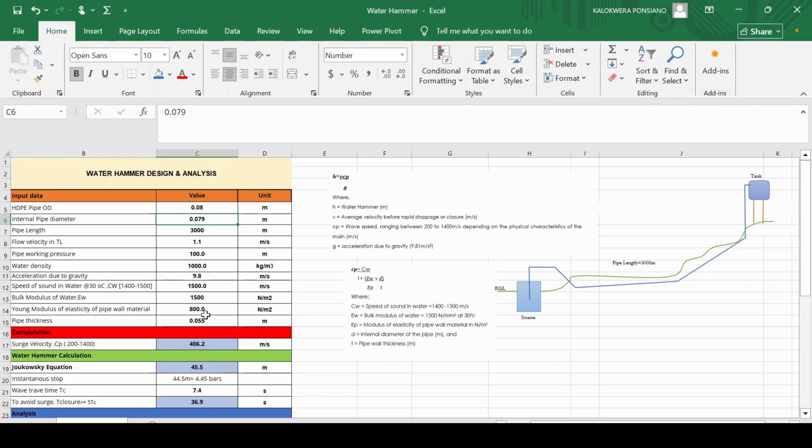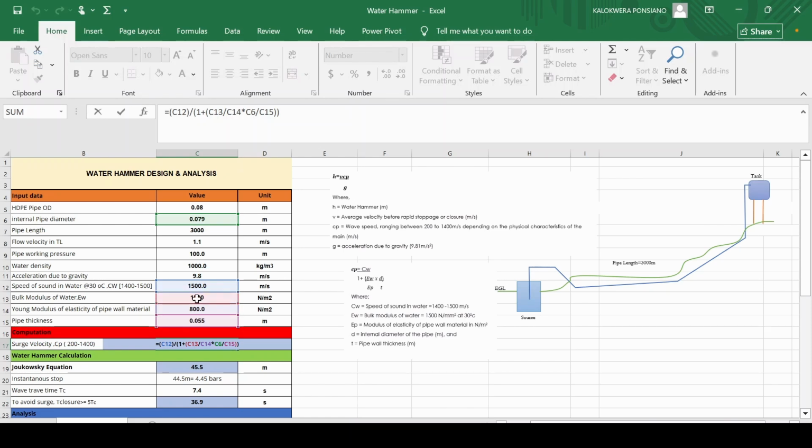So CP equals the speed of sound in water, which ranges between 1400 and 1500, and I adopted 1500, divided by 1 plus the bulk modulus of water, 1500, divided by EP.